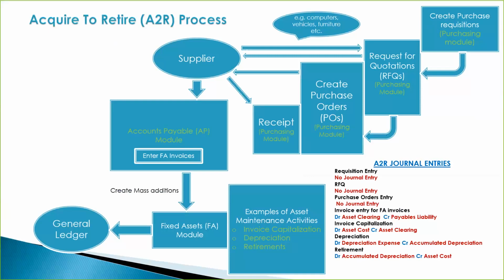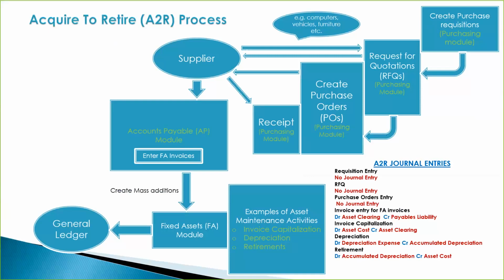When the supplier sends you the goods, they will also send the invoice for those goods. They may send the invoice together with the goods, or they may send it separately. Whichever the case, they will still send you an invoice, which you will have to pay. The invoice transaction is entered in the accounts payables module, for whatever asset you are trying to procure, in this case computers.